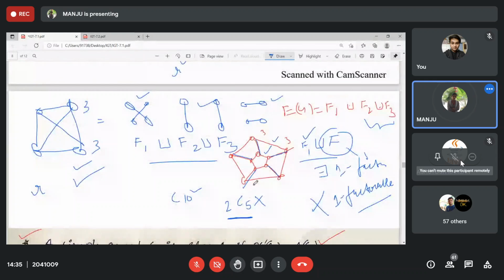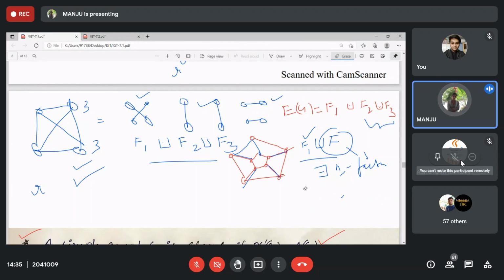How many colors do you need for this one? Can you color it? Edge coloring. As this is 3 regular, at least you need 3 colors. So let's see by assigning the colors 1, 2, 3.